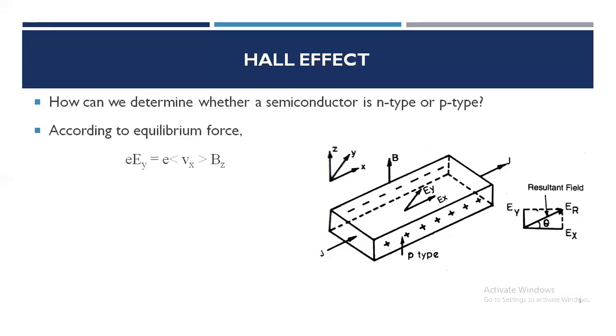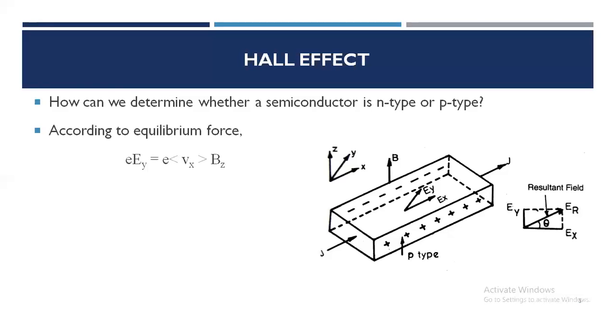Deficiency of holes means obviously that negative charge appears on the back side of the slab. To have equilibrium, the Lorentz force in the direction of negative y is just compensated by the force produced by an electric field Ey along the axis of y.